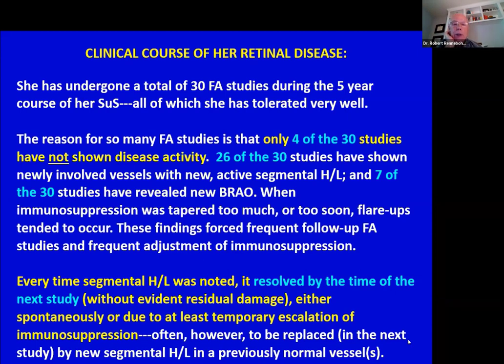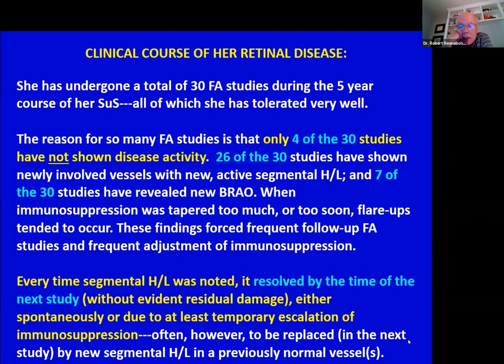When immunosuppression was tapered too much or too soon, flare-ups tended to occur. These findings forced us to do the frequent follow-up FA studies and frequent adjustment of immunosuppression. The good news is that every time segmental hyperfluorescence was noted, it resolved by the time of the next study without evident residual damage.